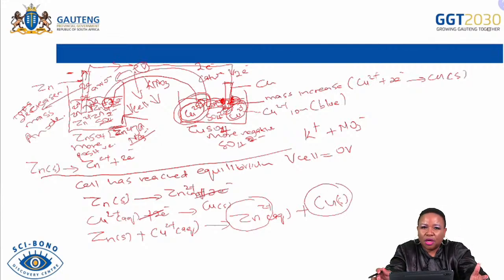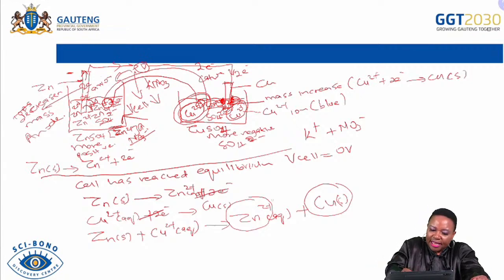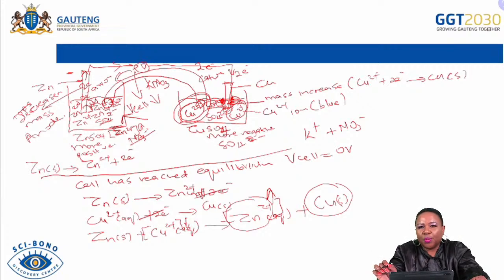So as this cell is operating, the Zn2+ ions and the Cu solid are forming as our products. What makes this V cell decrease is the increase of the concentration of the Zn2+ and the decrease of the concentration of the Cu2+. Now check on which side are the zinc ions and on which side are the Cu2+ ions.